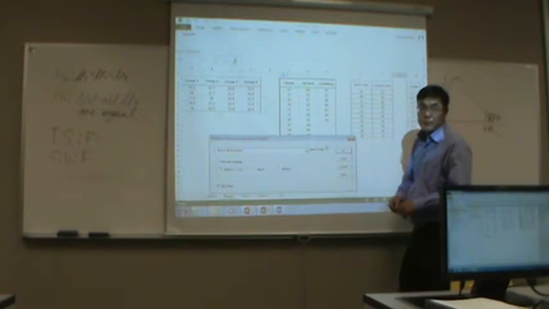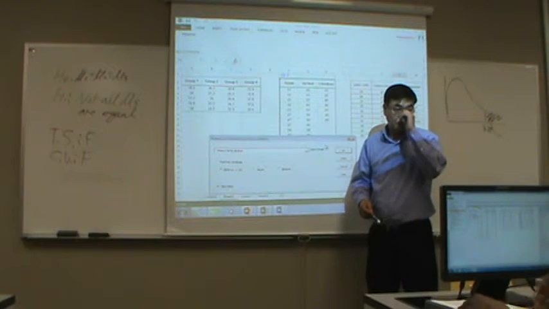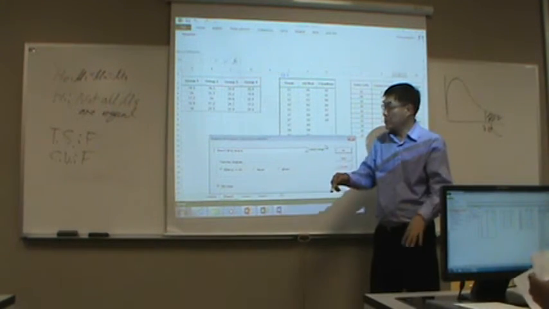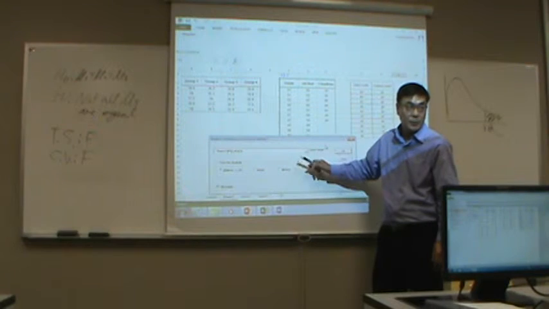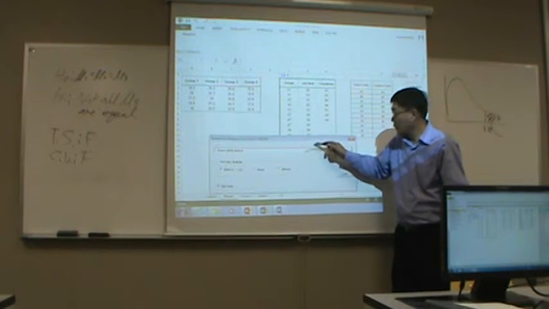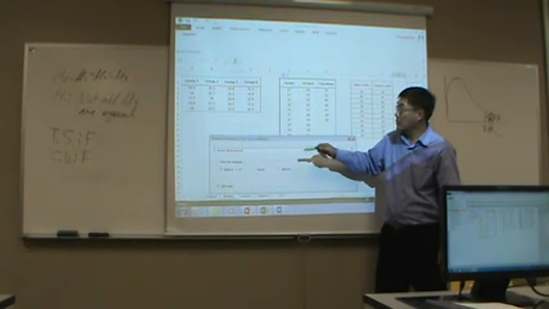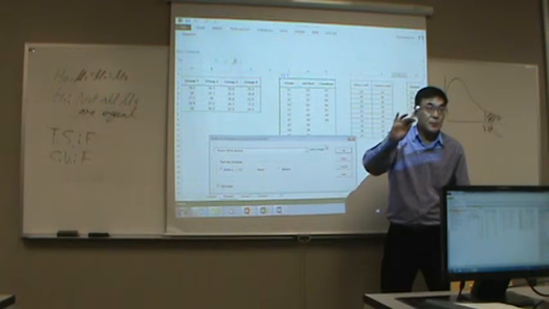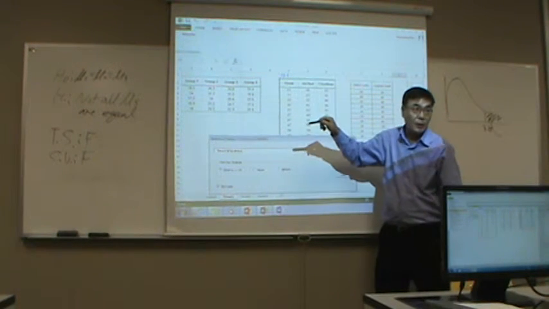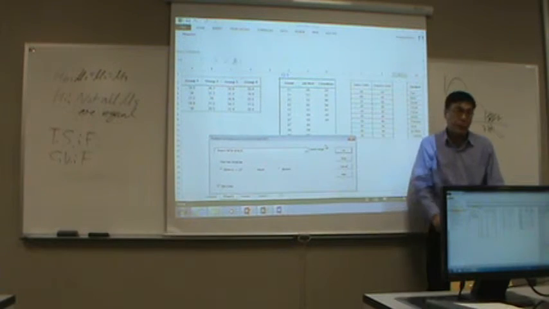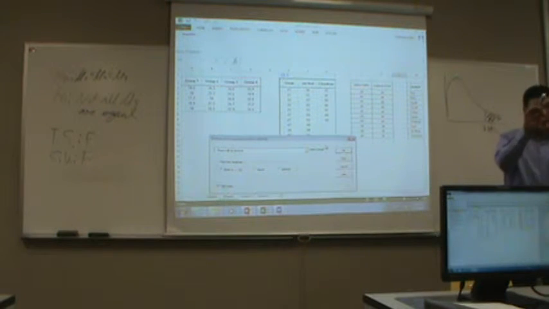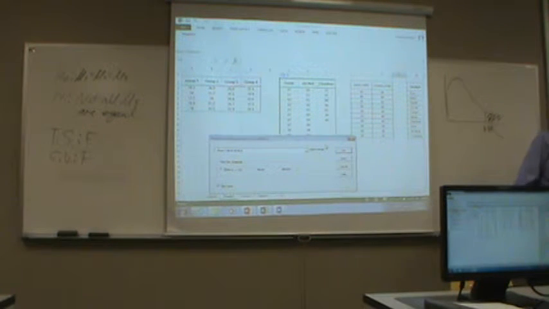When you specify the input range for MegaStat, it doesn't matter whether you include the label or not, but including the label is better. The output shows the label. So click OK.